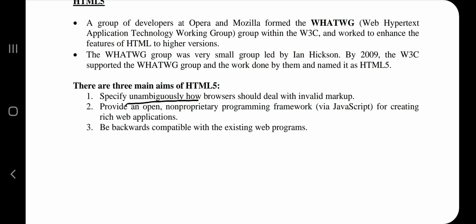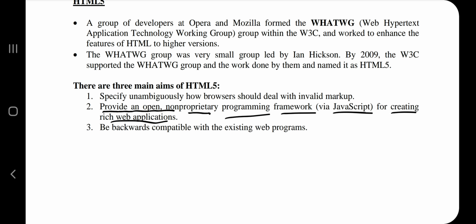Specify unambiguously how the browser should deal with invalid markup. If there is an invalid markup, then how should the browser deal with it? It should not show the user that there is an error here, but should be able to handle that error gracefully. That's the first aim of HTML5. The second is to provide an open, non-proprietary programming framework via JavaScript for creating rich web applications.